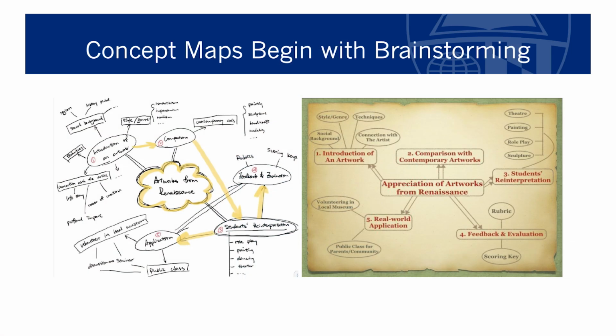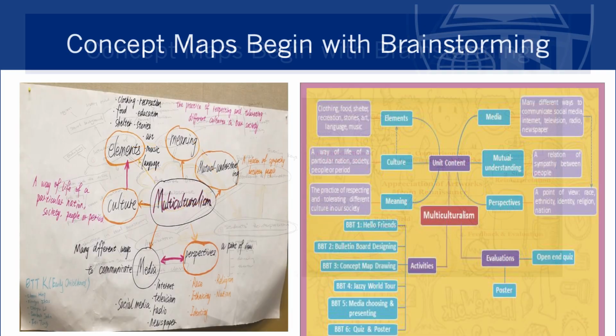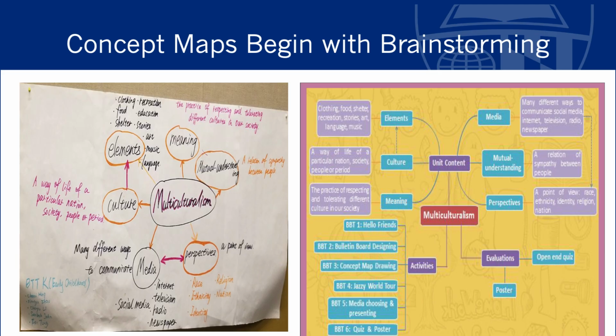Grade level or subject area teams can share ideas in creative ways and then brainstorm on how the content can be visually displayed. In the next two slides, you see how teachers started the concept map with a large poster paper for brainstorming ideas and then developed the map into a more readable program.